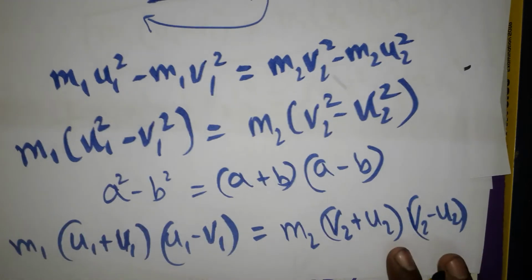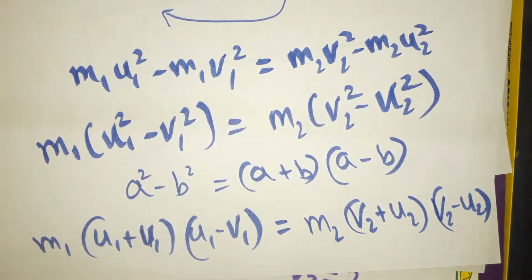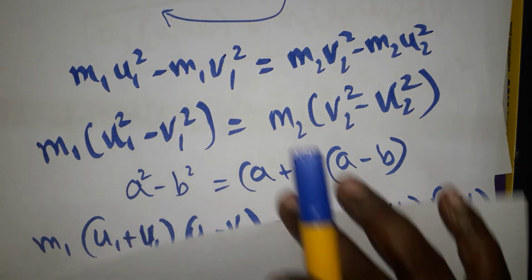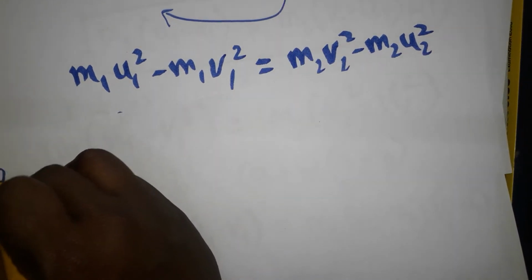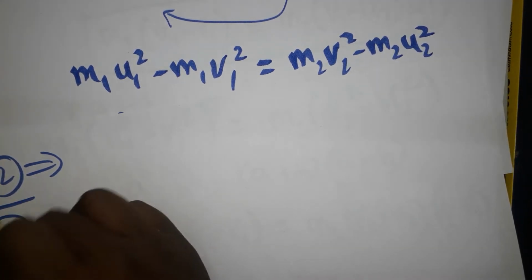Now I got equation number 2. Equation number 2 divided by equation 1.